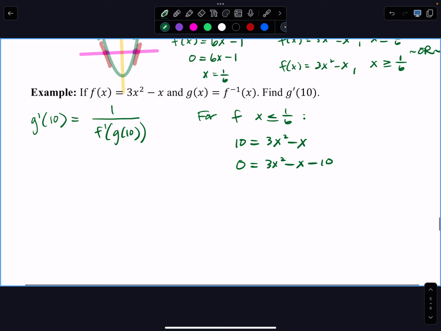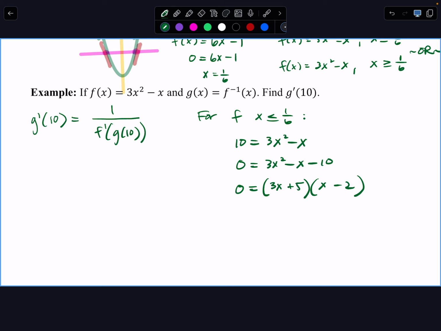And that factors: 3x plus 5, x minus 2. So x equals negative 5/3 or x equals 2. So x equals 2 wouldn't be on this interval.